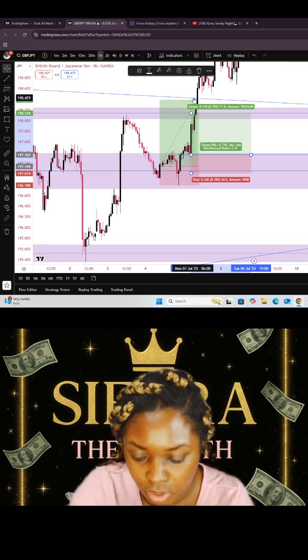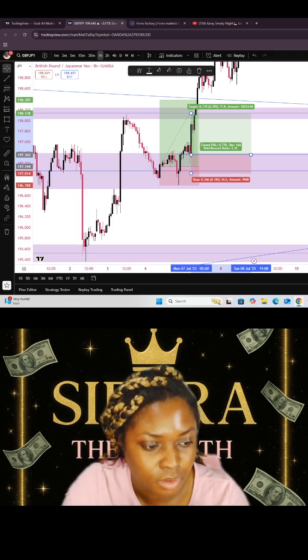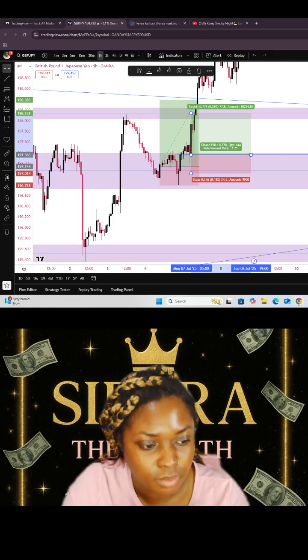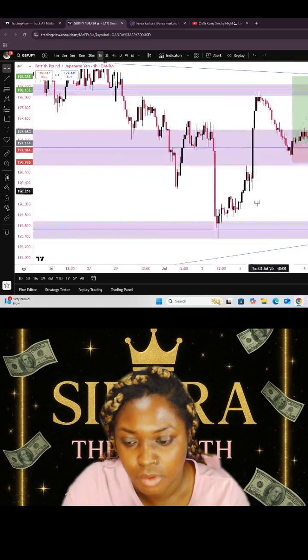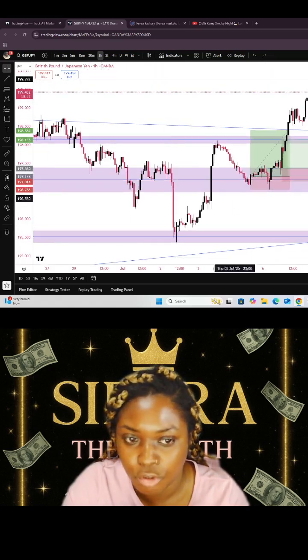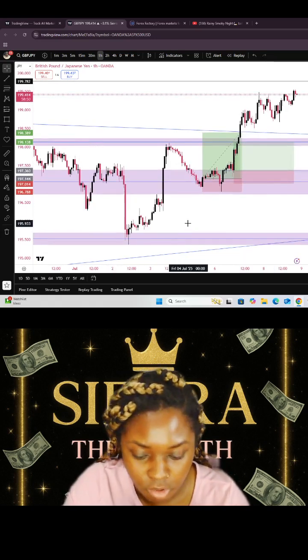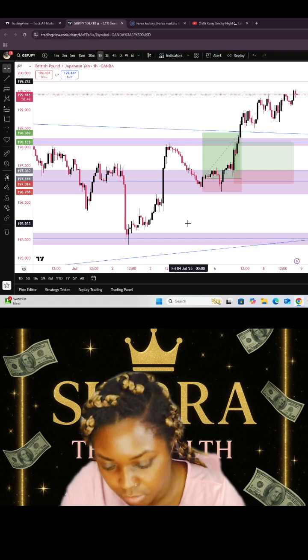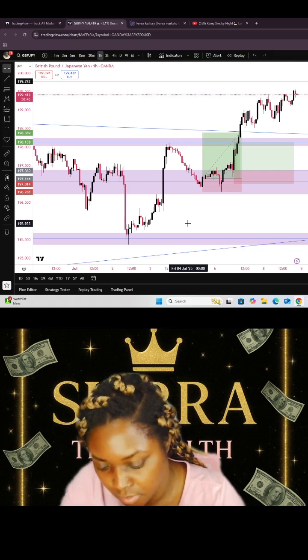We'll go over and look at another trade. We talked about zones yesterday. You'll have to go back to YouTube and watch the video on how to mark up the zones.